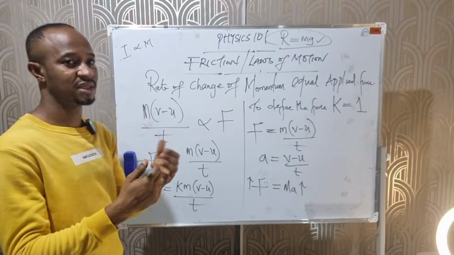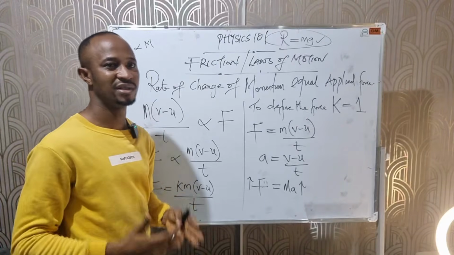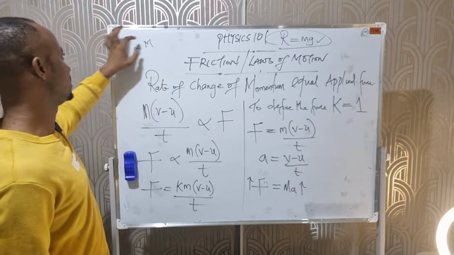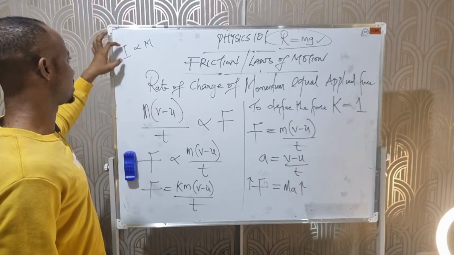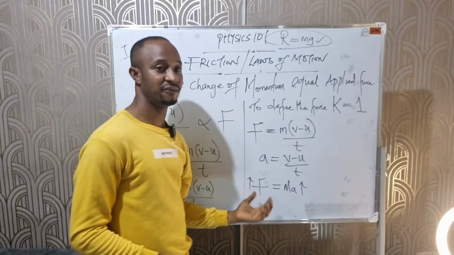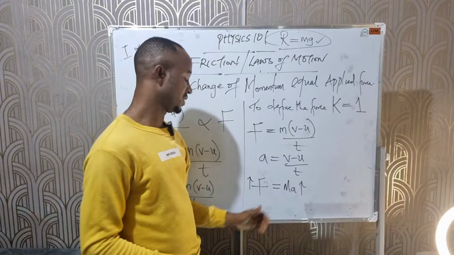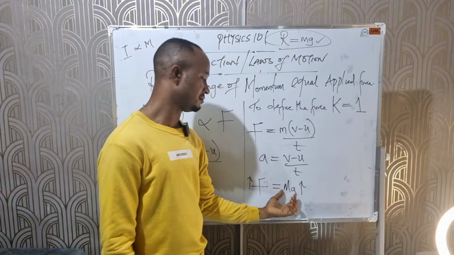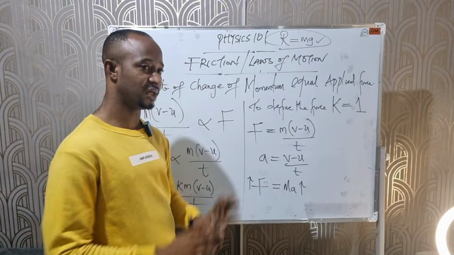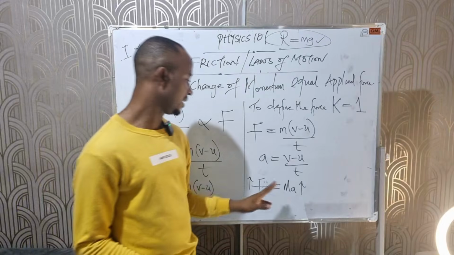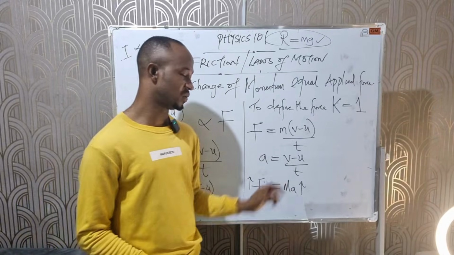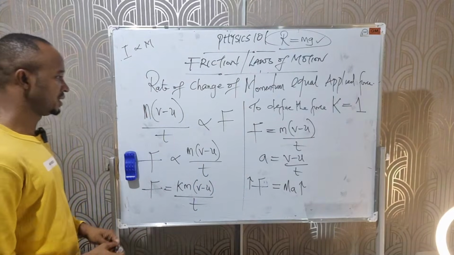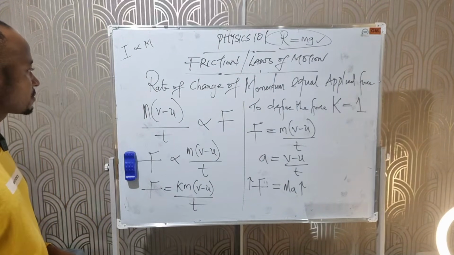Inertia is the property acquired by a body to always resist changes. So if the mass is increased, it will definitely increase the inertia. Then it will also affect the force applied, which also increases, because an increment in the mass will lead to an increase in force, and an increase in force will lead to an increase in acceleration. So this is just what the second law is talking about.